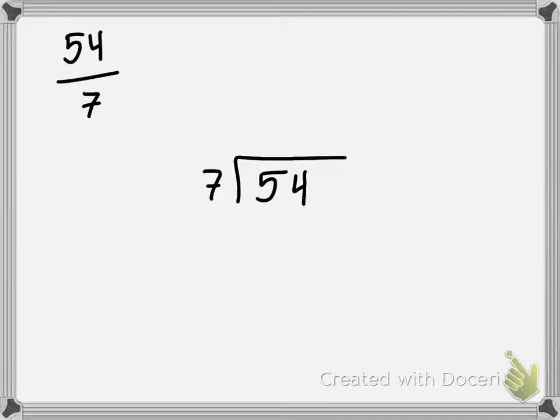What about this one, you guys? 54/7. Jaden, how many times does 7 go into 54? 7 times. And what is 7 times 7? 49. I'm going to take away 49 from 54. What do I get? 5.